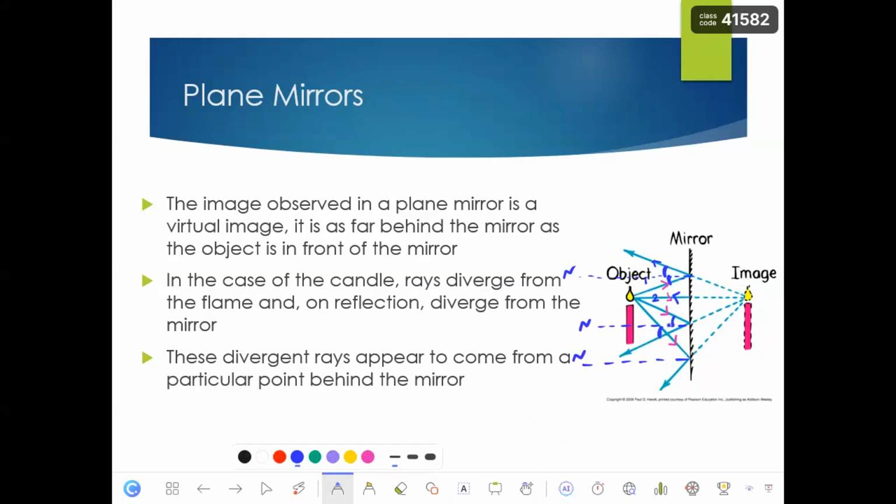They never reach each other. Okay? What we do, we just extend. We will try to extend the reflected light behind the reflecting surface.